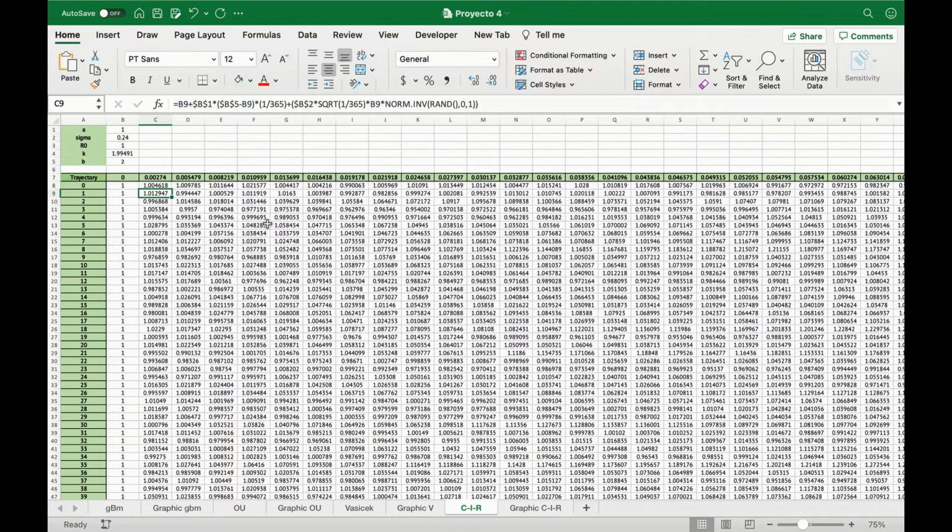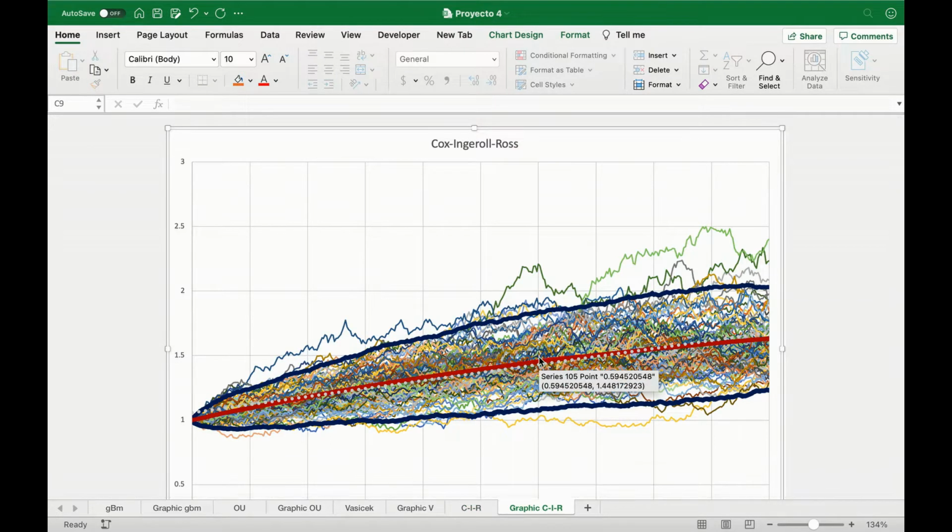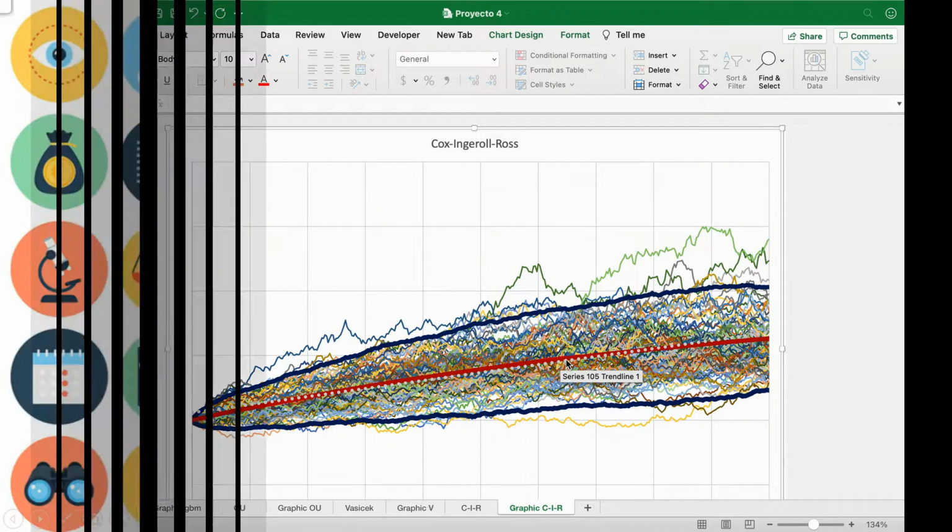And the expected value is the exact same formula as the stochastic model. So here, graphically, we can see that also here are two red lines that have the same behavior, and the trend line that also has the same behavior as the expected value and as the average of each trajectory.